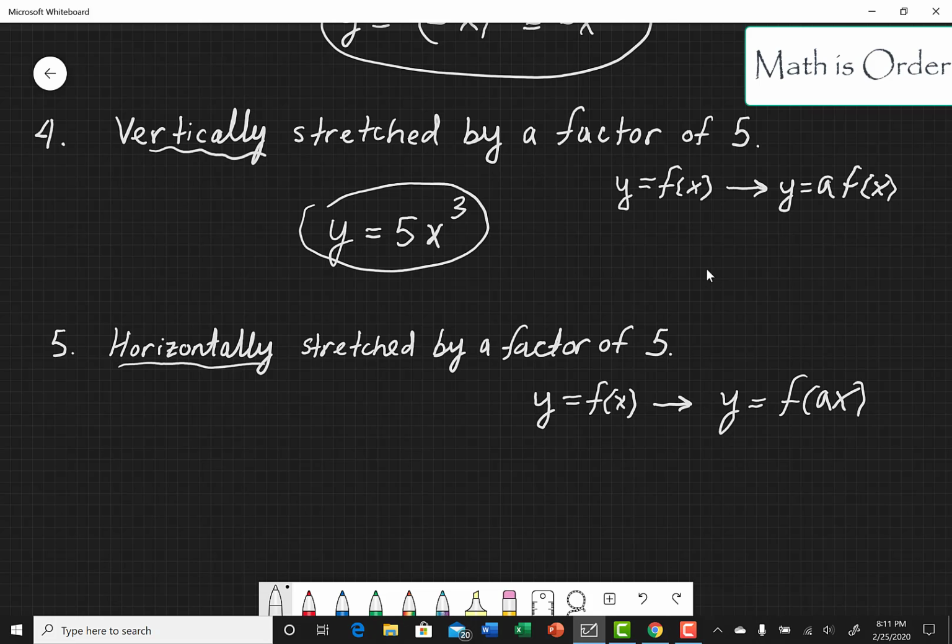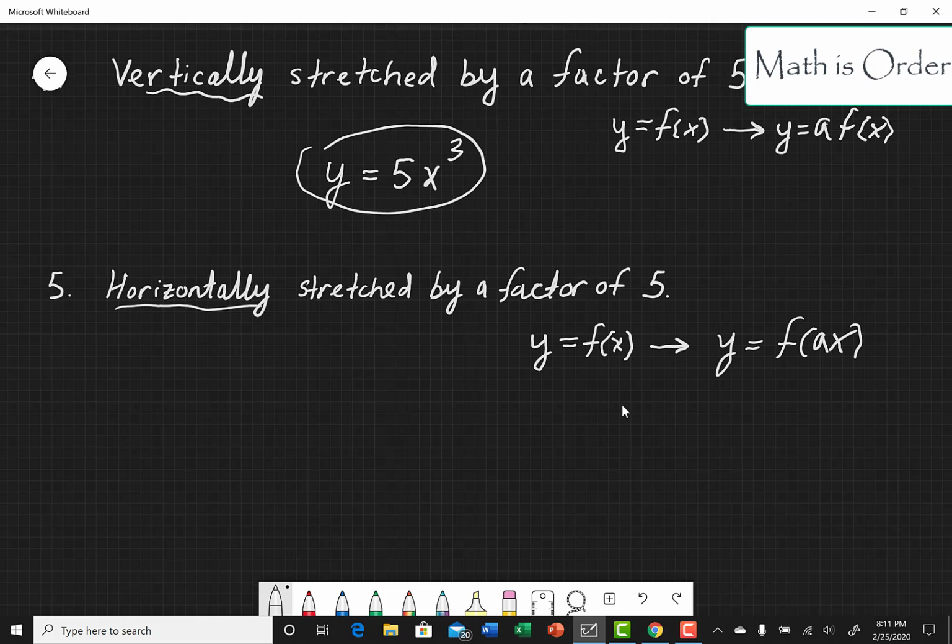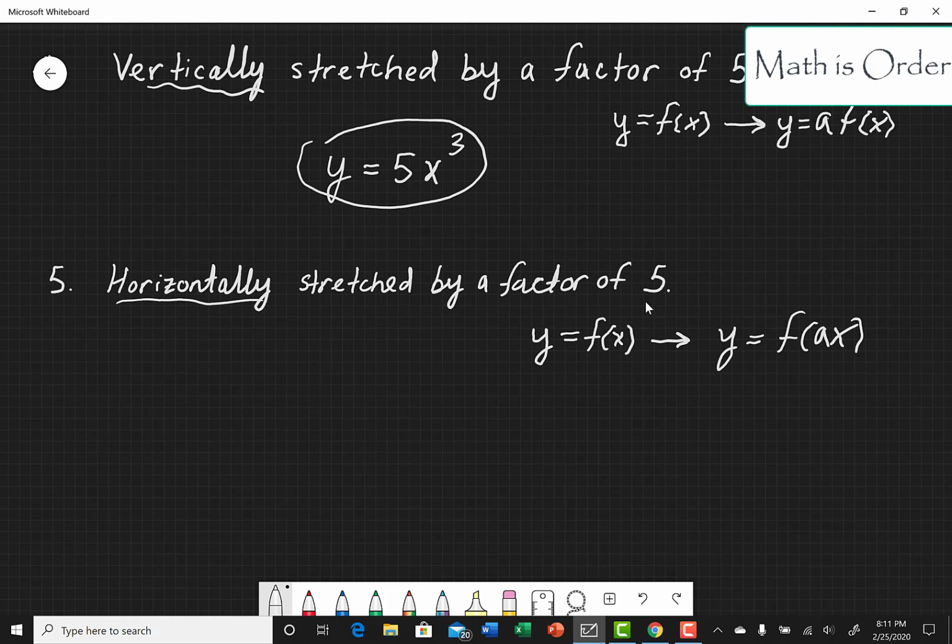So in other words, we're replacing all of the x's by ax. And this also means that we are taking the x coordinates of the original function and dividing each of those x coordinates by a factor of a.